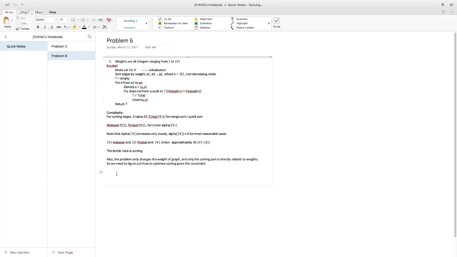If the values of the weights are restricted to be from 1 to V, we can use bucket sort.